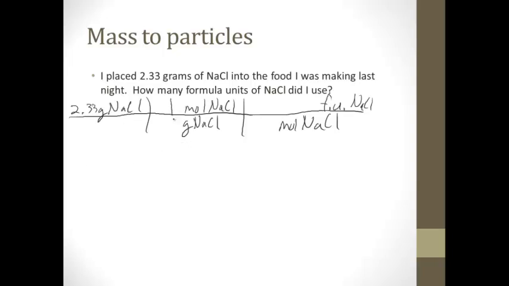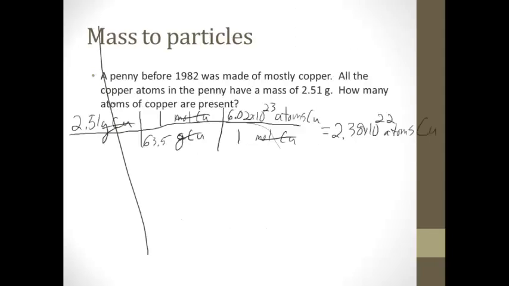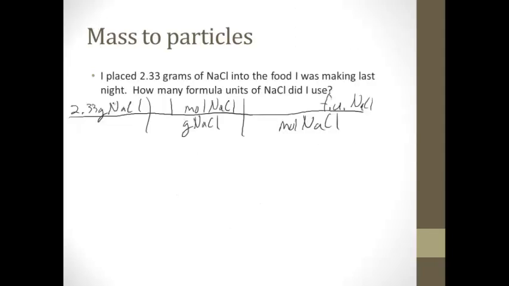So here we go. 1 mole here, grams. Oh, this is a compound. Now, this is 2 elements, Na for sodium, Cl for chlorine. So let's go back. We find sodium to be 23.0. So sodium is equal to 23.0 grams.